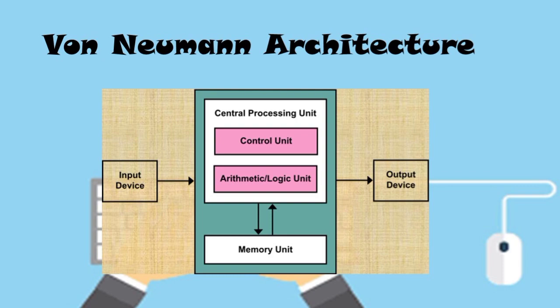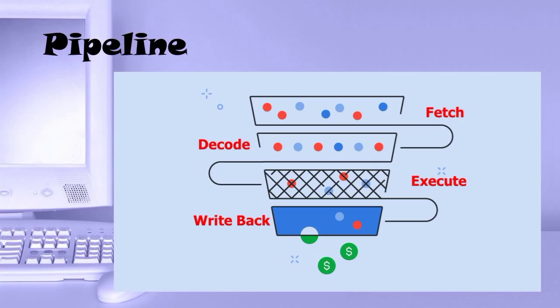Von Neumann architecture is comprised of 4 stages: the fetch stage, the decode stage, the execution stage, and the write-back stage. These 4 stages are called the pipeline.